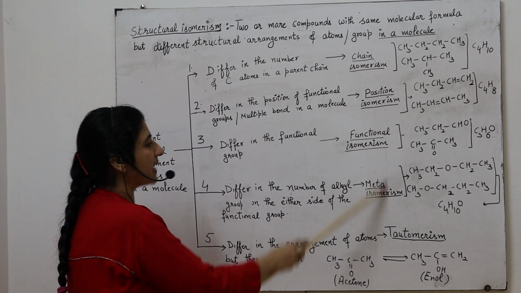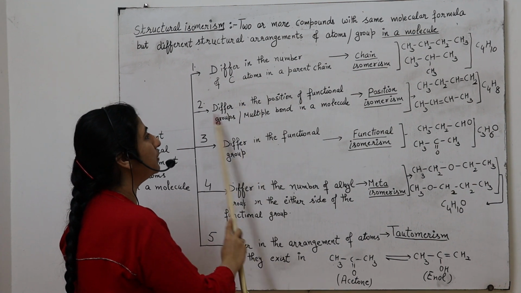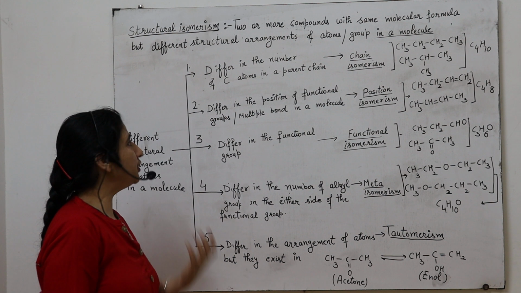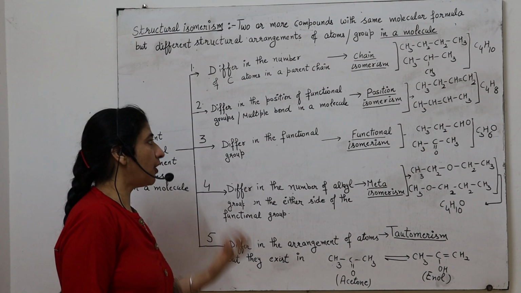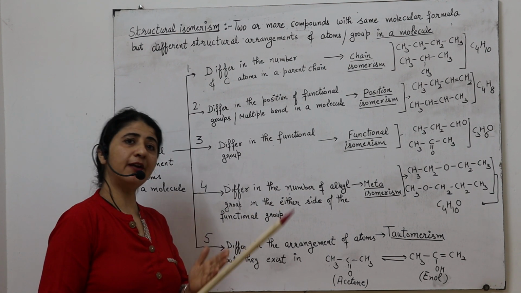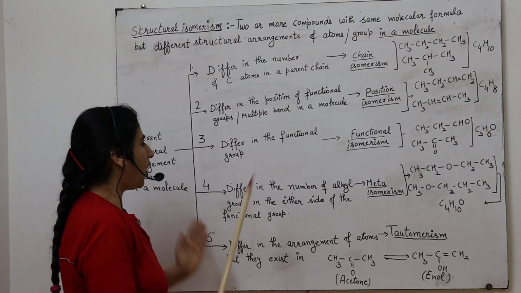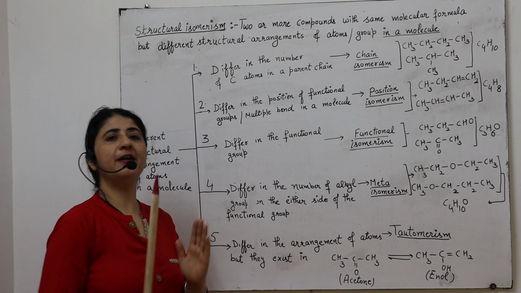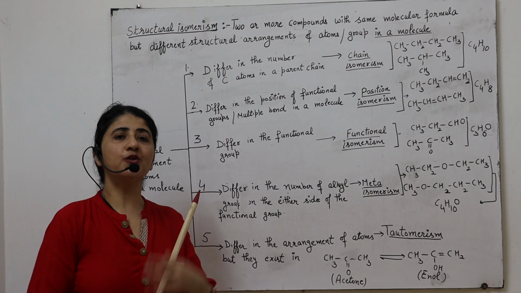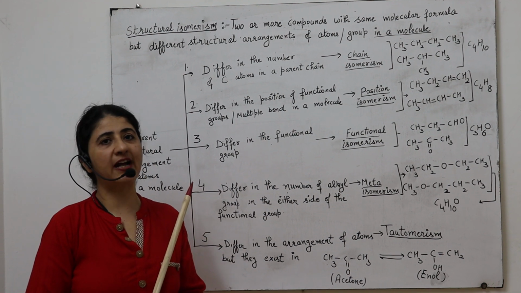These isomers differ in the number of carbon atoms in a molecule, the position of the functional group, the nature of the functional group, the number of alkyl groups around the functional group, or the arrangement of atoms, where the compounds exist in equilibrium with each other. So we have 5 types of structural isomers.